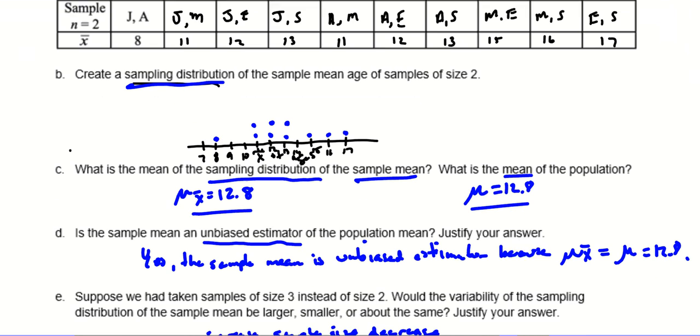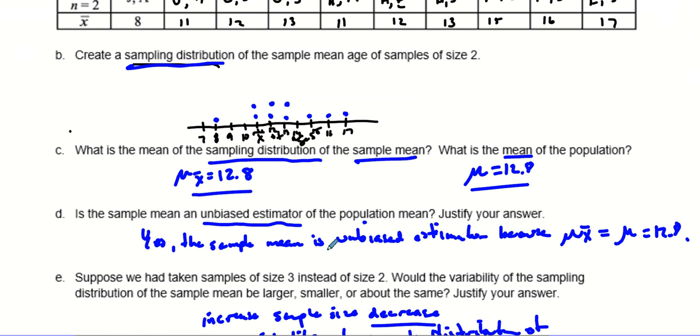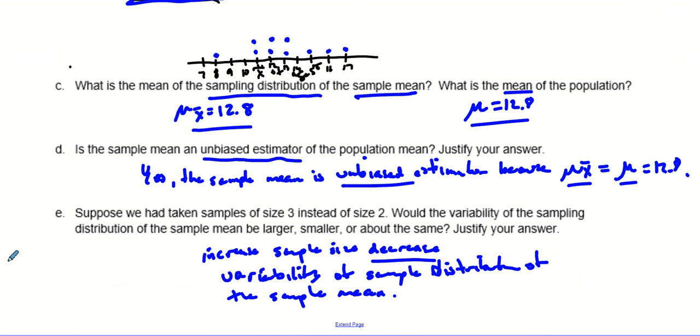And when that occurs, we know we have an unbiased estimator because these two values are equal. And if you want to decrease the variability, so these are tighter together around the mean, which we know is 12.8, we would increase the sample size. A smaller sample size would create greater variability in the values we're finding.